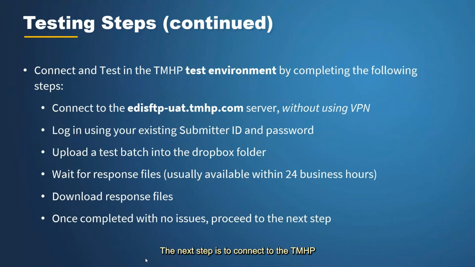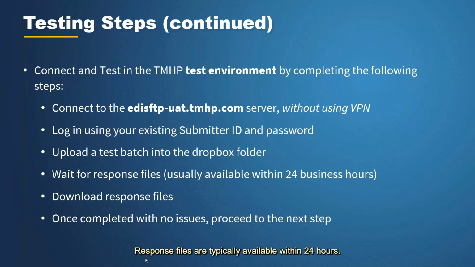The next step is to connect to the TMHP test environment and upload a test file by completing the following steps. Connect to the EDI SFTP-UAT.tmhp.com server without using VPN. Upload a test batch into the Dropbox folder. Wait to receive the response files.